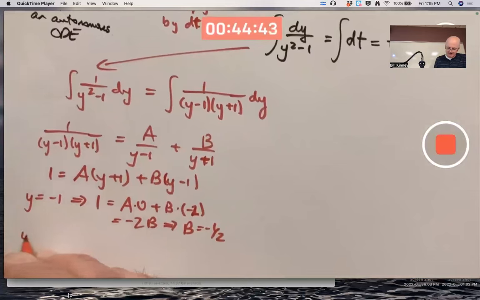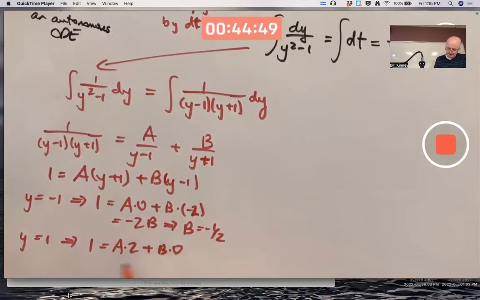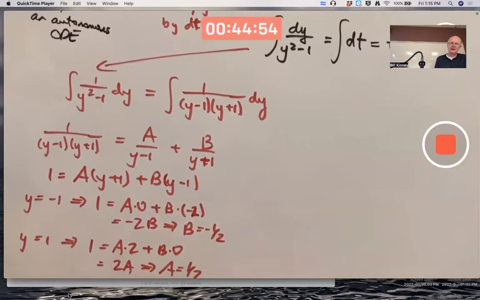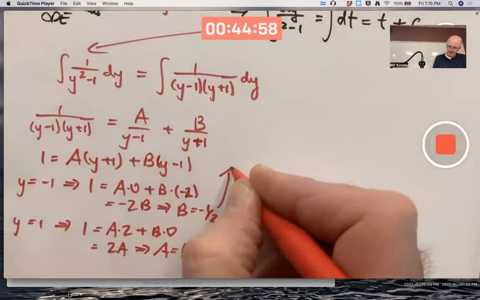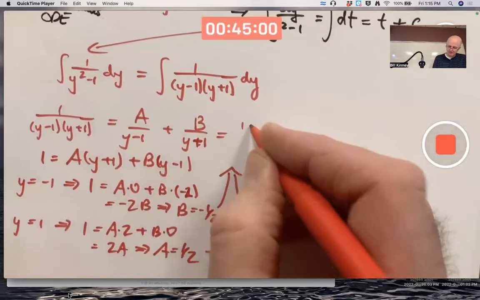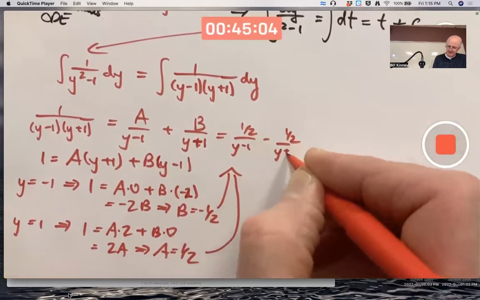And if y is +1, you get 1 is 2a, so a must be 1/2. That's the quickest way to solve for a and b. One half over y minus 1 minus 1/2 over y plus 1, and those are easy to integrate.